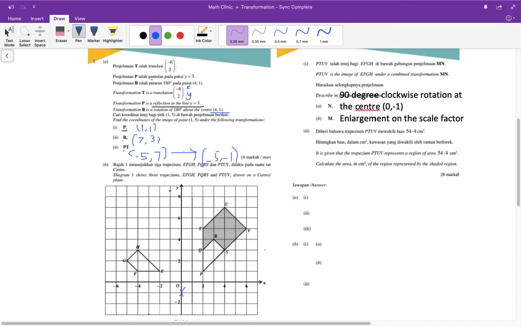Scale factor, basically, you see this? I just make this one. This is a triangle. After enlargement, it becomes 2 times bigger. If 3 times bigger, it's like this. So this is 2 times.